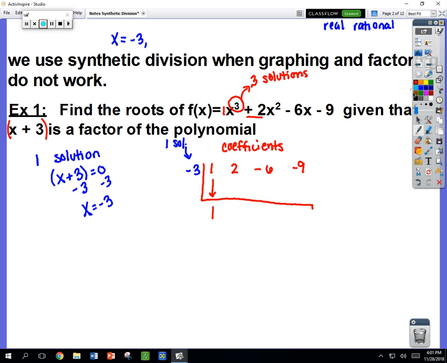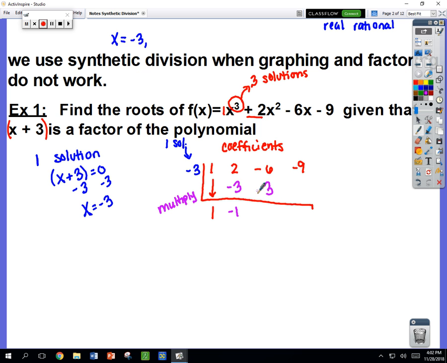And then the next step is to multiply. So I'm going to multiply what I got here, 1, by negative 3, and that goes there. And just like with long division that you did in elementary school, once you multiply those, you would add these. That gives me negative 1. And then I'm going to multiply again. Negative 1 times my solution, negative 3, is positive 3.